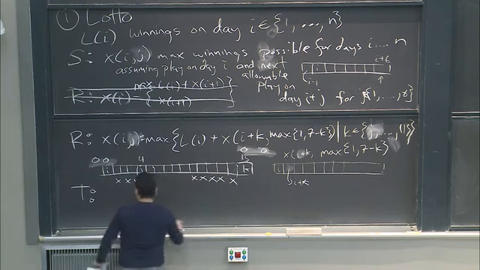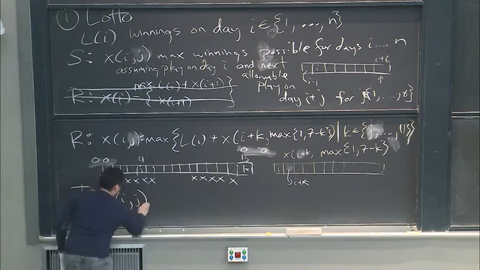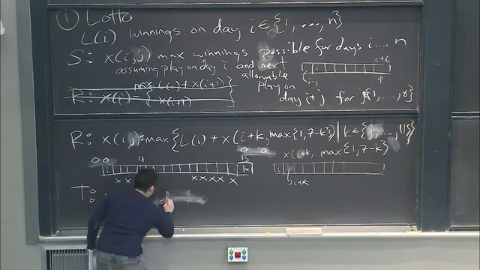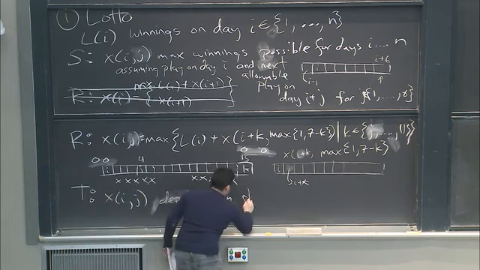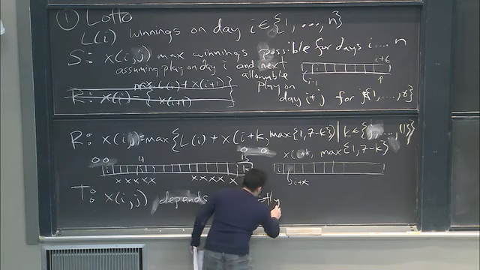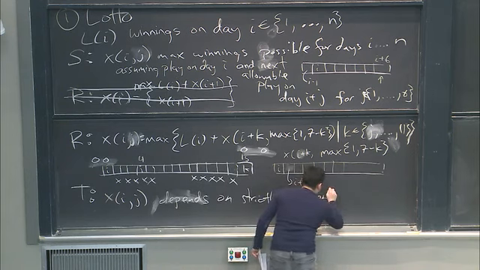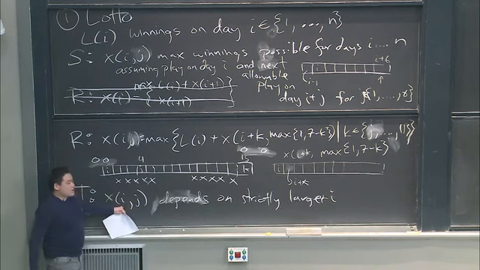So for x of i, j, it always depends on strictly larger i. When I call subproblems, it always calls subproblems with a larger i.